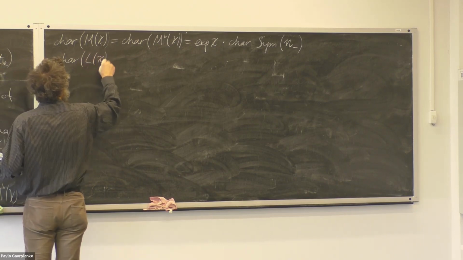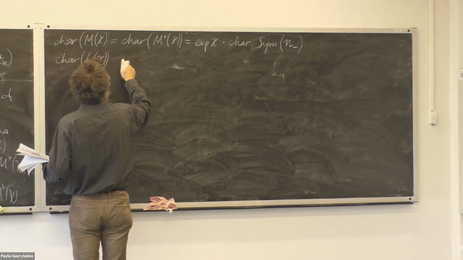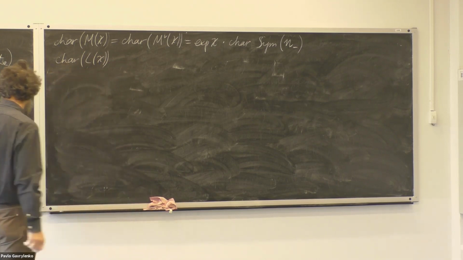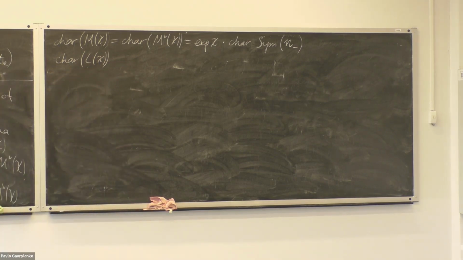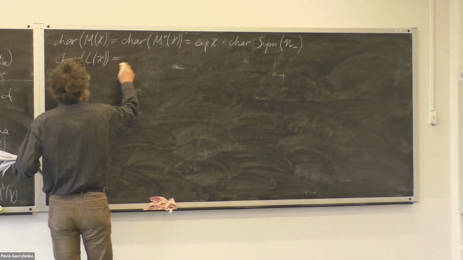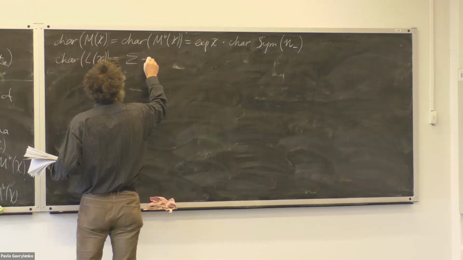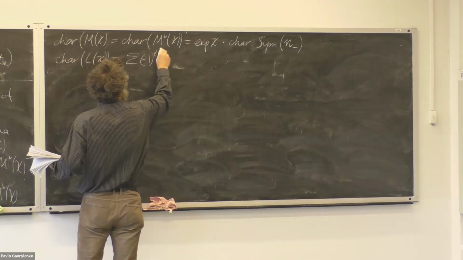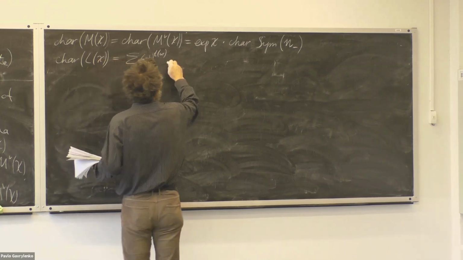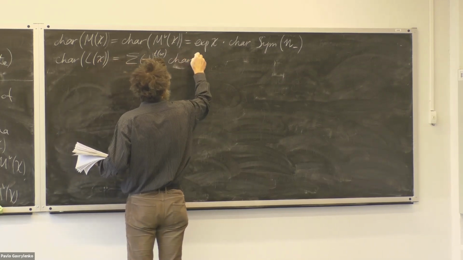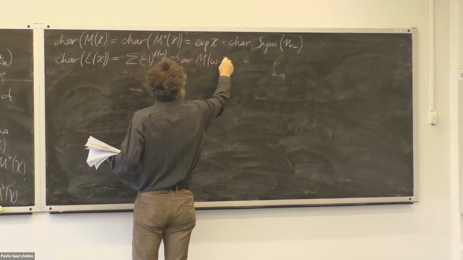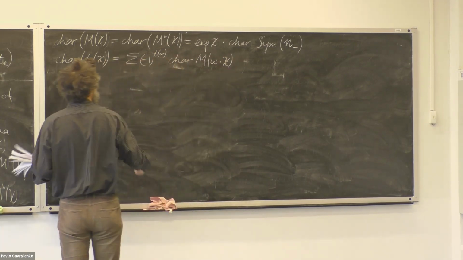L of chi. So if chi is dominant, then it is given by the Weyl-Kac formula or by the BGG resolution. So maybe I should write some plus minus 1, like this.